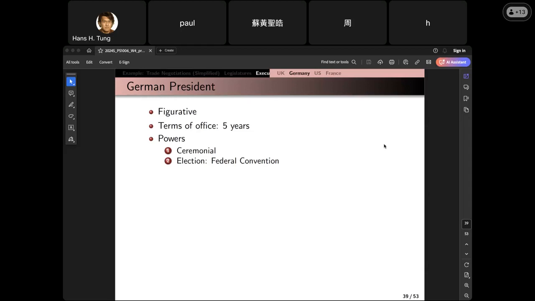Okay, so I guess I read pretty quickly just through some institutional settings for all these four countries: United Kingdom, Germany, United States, and France. Just to give you a sense, we started last week from a more abstract way to analyze institutions.